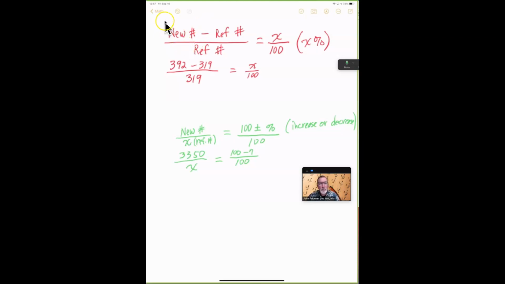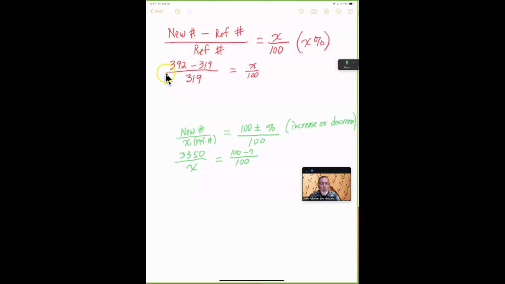Some people use absolute value brackets, or you can see by looking at the numbers if it's positive or negative, an increase or a decrease. But if you use this formula, if you get a positive number, it'll be a positive gain, an increase. And if not, then it could be 0 or negative. So if it's negative, it was a decrease.